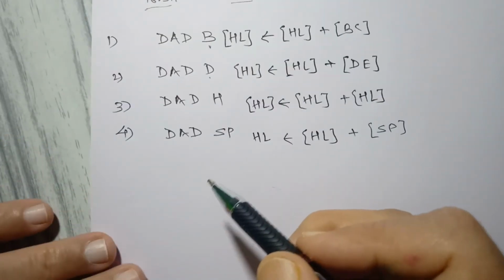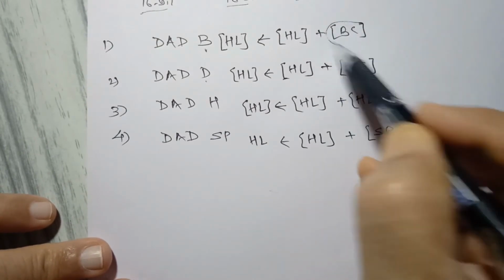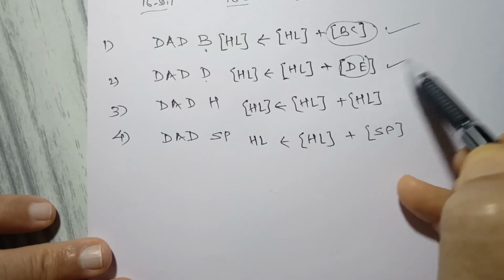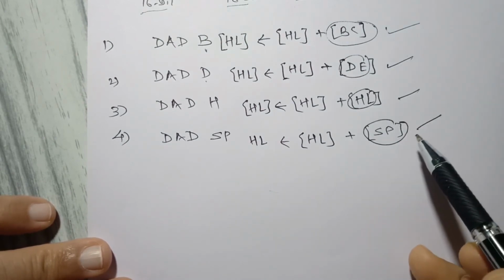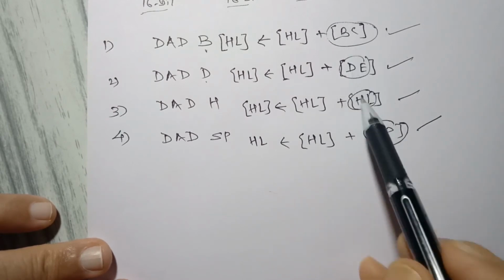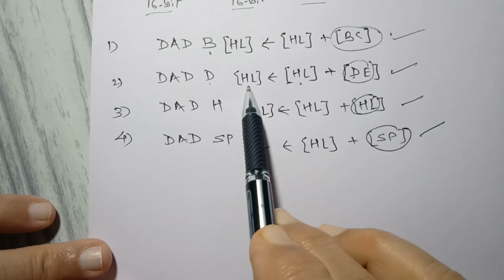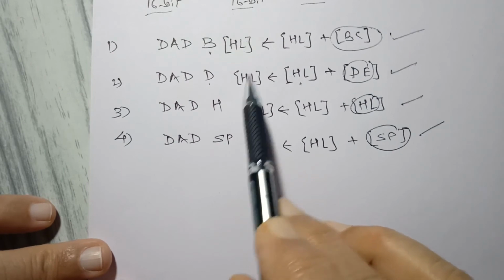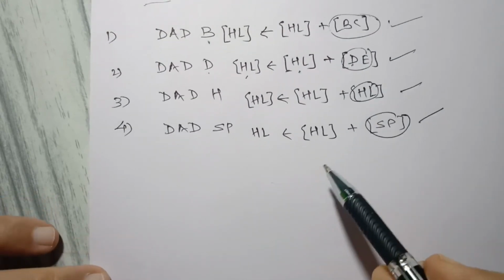So whenever you want to add the contents of any specified register pair, it can be B, D, H, or SP, the stack pointer, the specified register pair is added to the HL pair, and the result is always placed into the HL pair. So it is used to handle 16-bit addition.